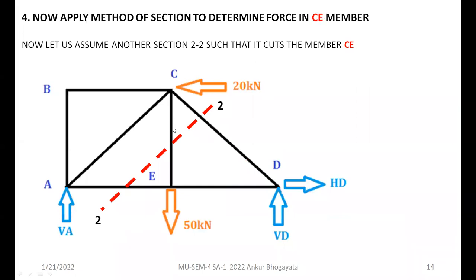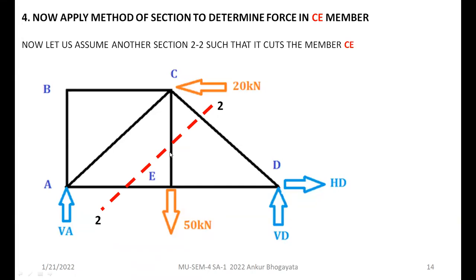CE is a vertical member here, you can see, and I have used the section in such a way that it cuts the truss in two components. The upper one will be the left hand side, the one below will be the right hand side, and you can see here these three members are being cut. And in these three members, we notice that CE is already included, and that is what is required also.